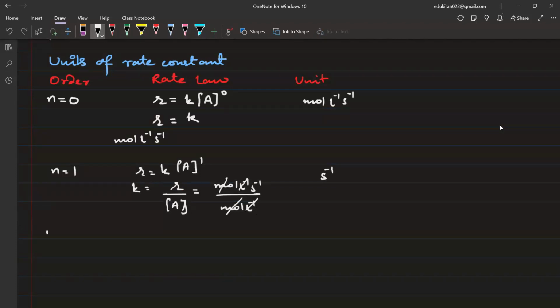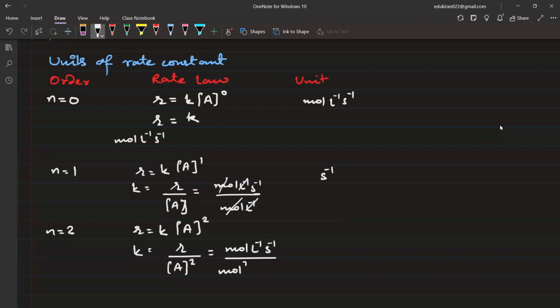When n is equal to 2, in this second order reaction, R is equal to K into the concentration of A to the power 2. So K will be equal to R upon the concentration of A to the power 2. Now I will plug in the values of unit. Mole per liter per second divided by mole square liter to the power minus 2. The minus 2 will go above.